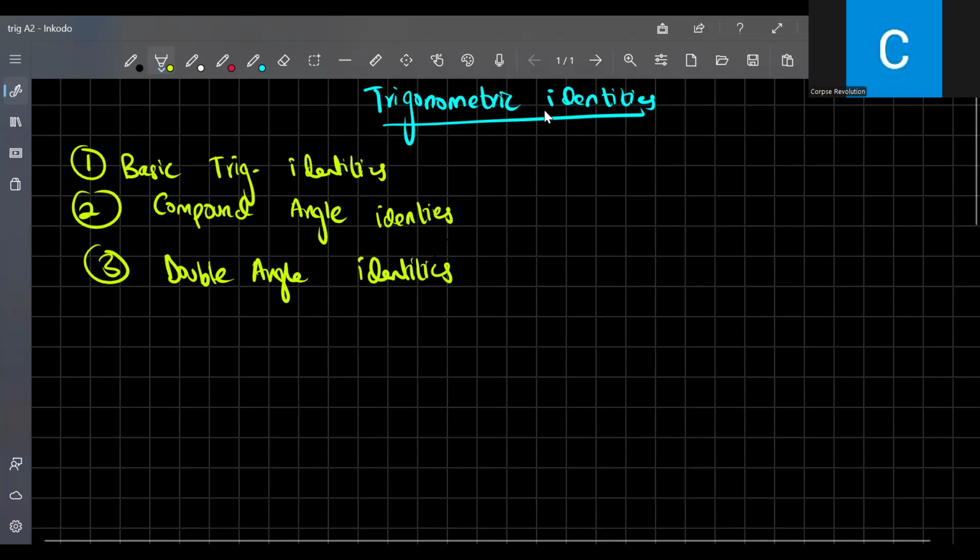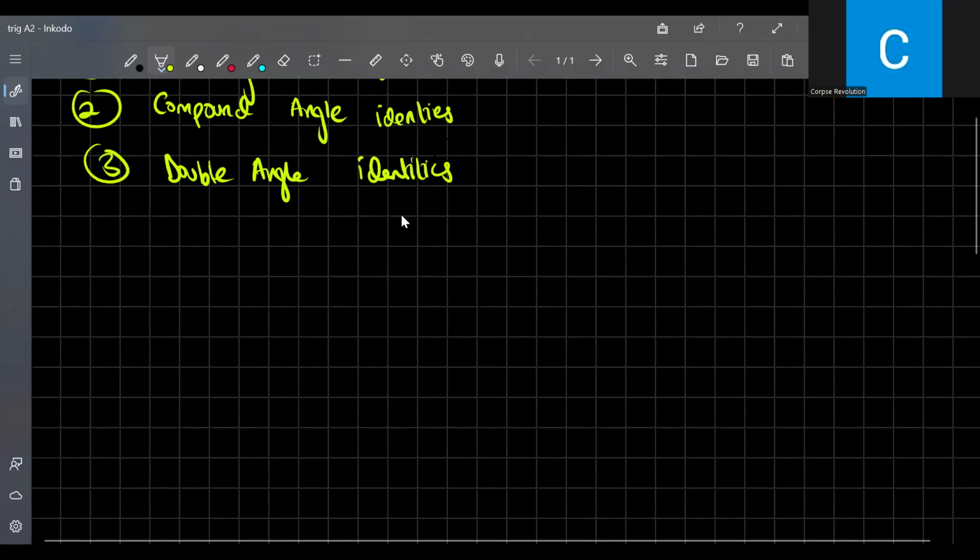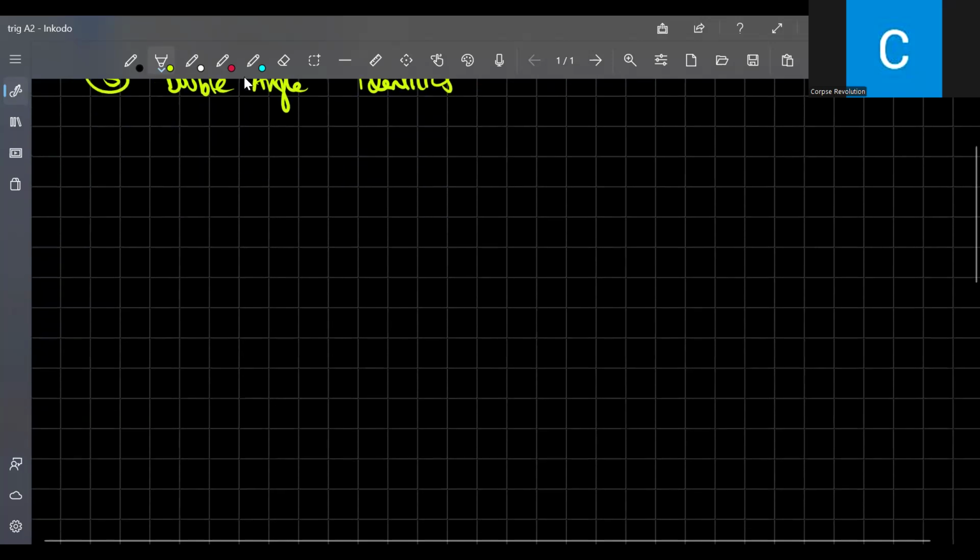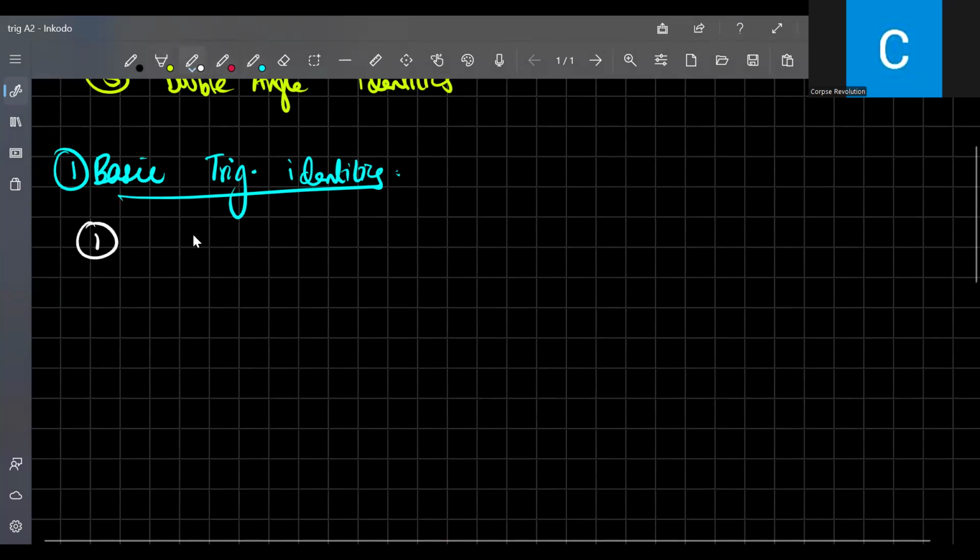So let's start off with basic trigonometric identities. So we have number one, sine square theta plus cos square theta is equal to 1.